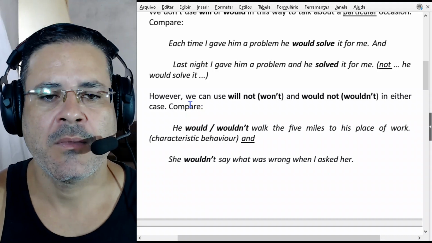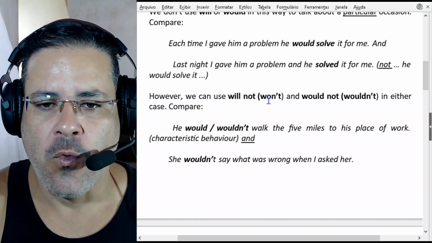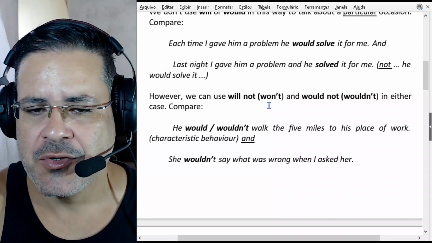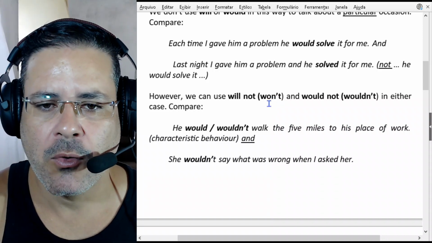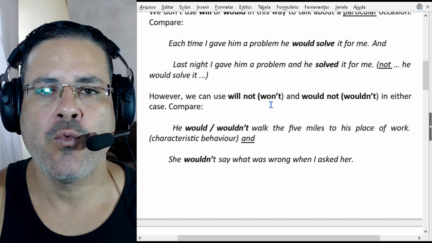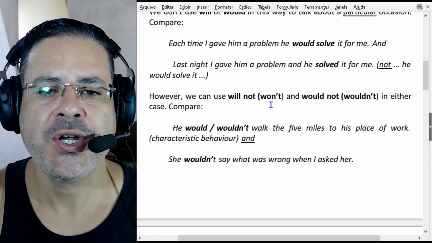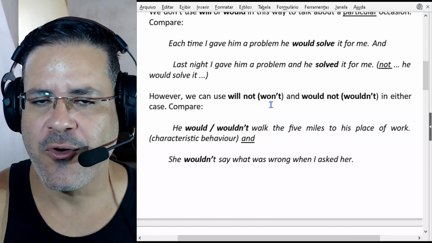However, moving on. However, we can use will not, won't. Pay attention to that. W-O-N-T. We pronounce it won't. This is the abbreviation for will not.